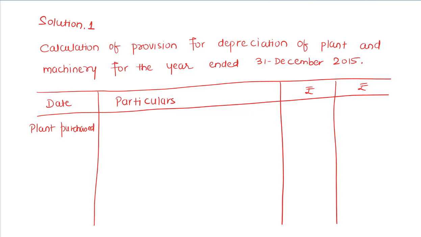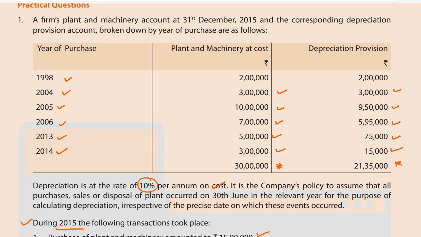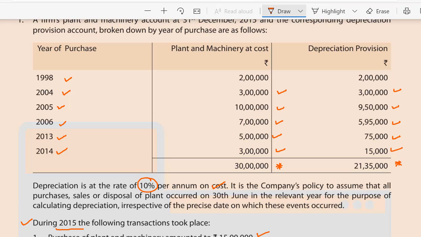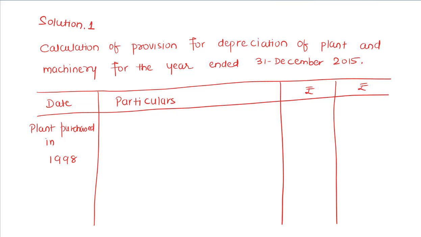Plant purchased in 1998: 0. Purchased in 2005, it is 0.